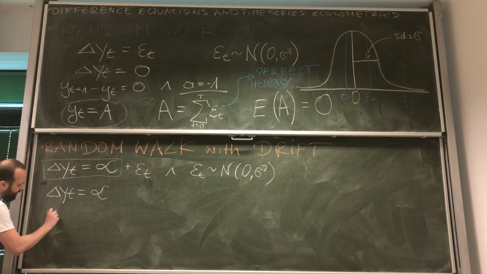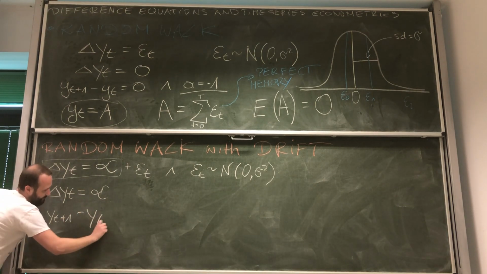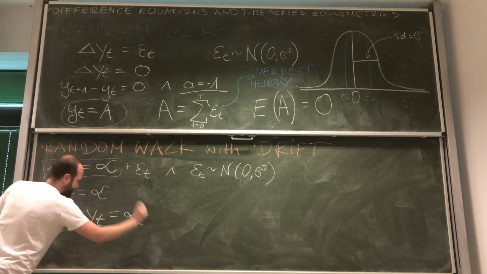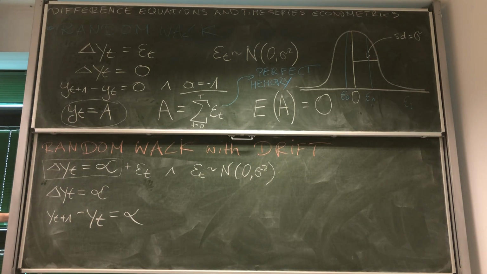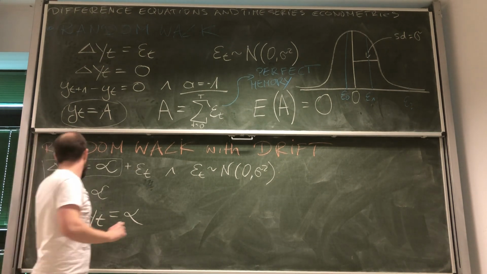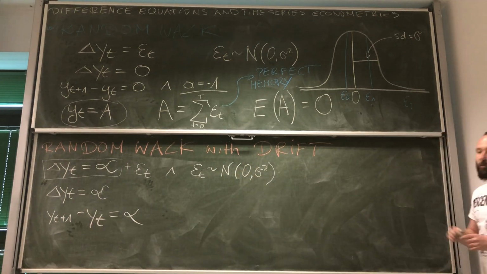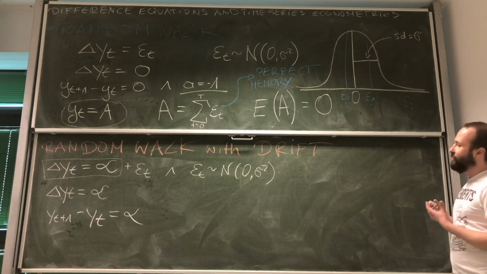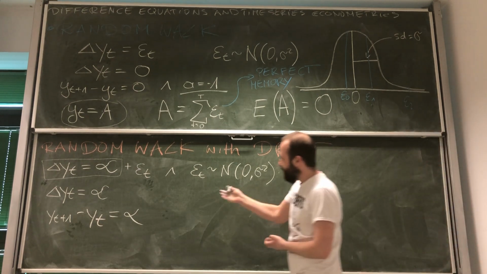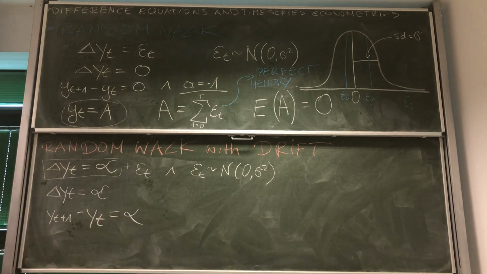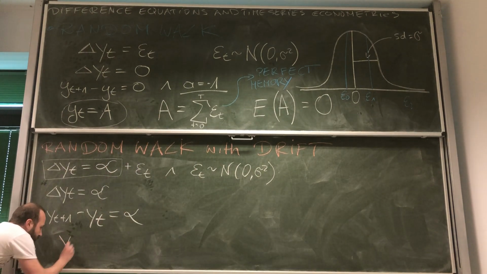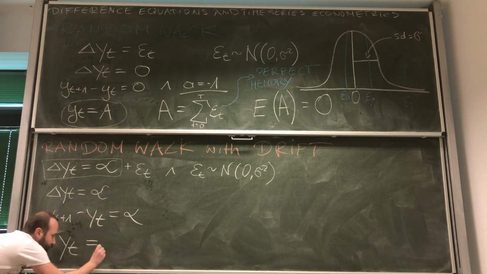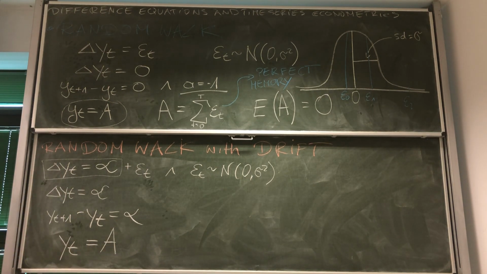However, we know that we can rewrite this in the following way, and we can use what we've already learned about difference equations. Remember, this is a special case where the particular solution was found in a different way, right? And the particular solution to this case is simply yt equals alpha t.